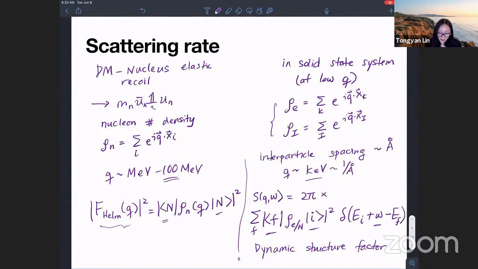So again, this is just perturbation theory, treating our external potential as some perturbation to this whole system, and here computing some rate to produce excitations.